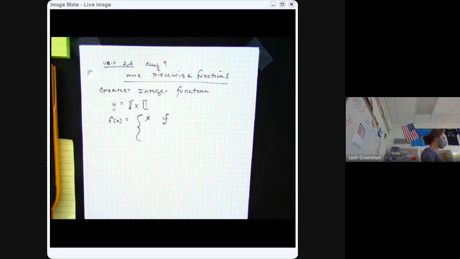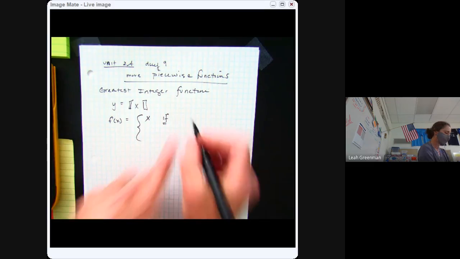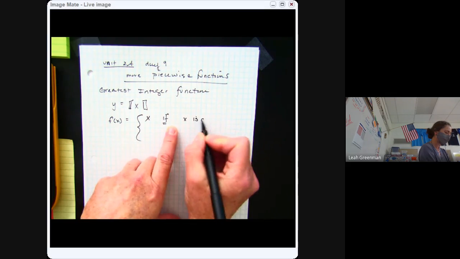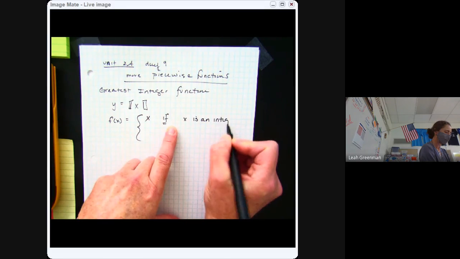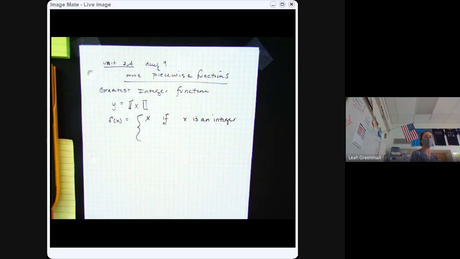For what x values? If x is an integer. So if x is 5, if x is 10, if x is 1, if x is 0, -1, -10, all those nice counting numbers, positive, negative, and 0.